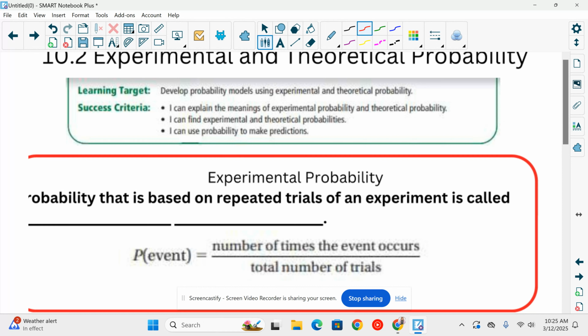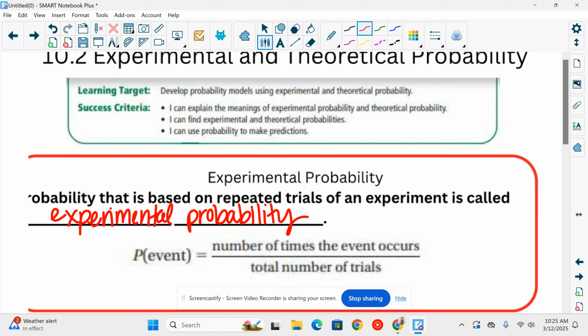Experimental probability comes from after we experiment and we collect our data. So experimental probability is the probability that is based on repeated trials. So that is our experimental probability. Okay?